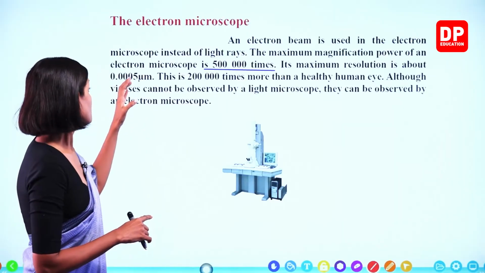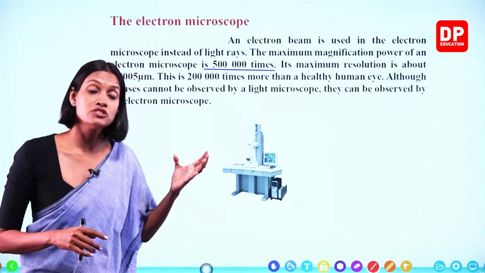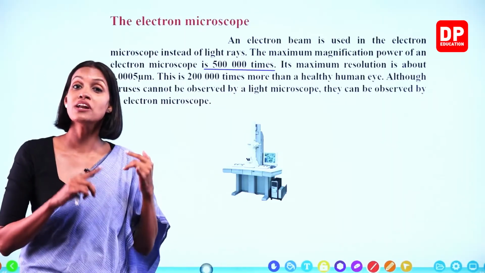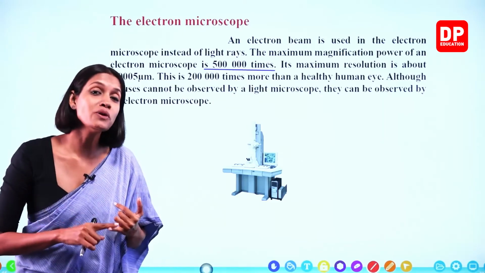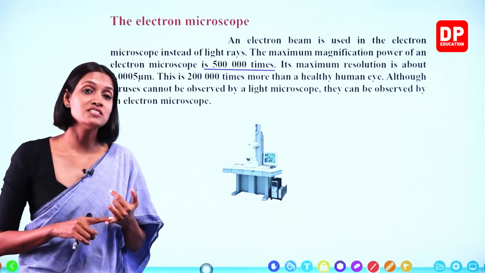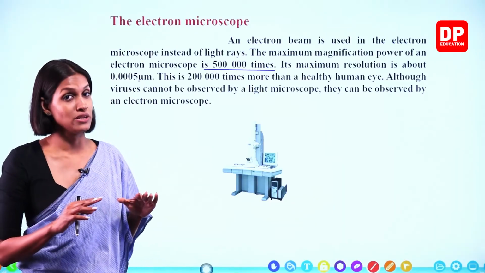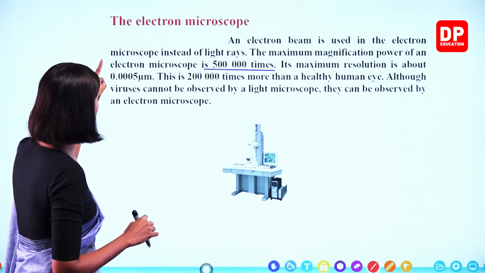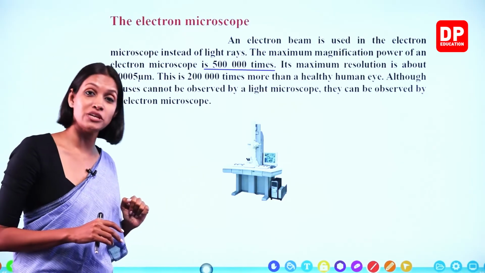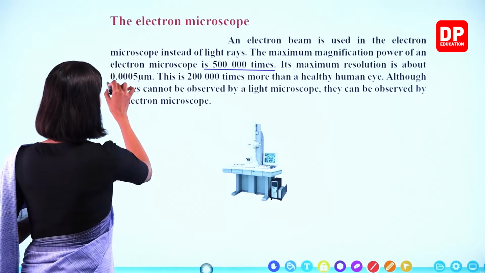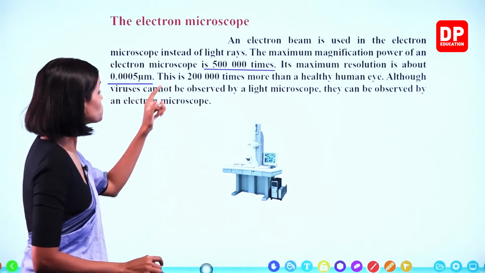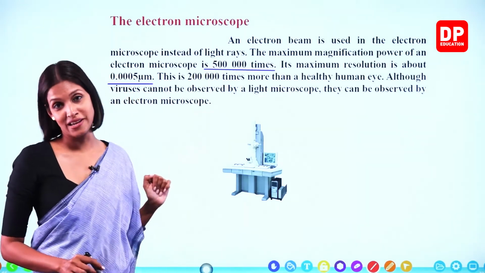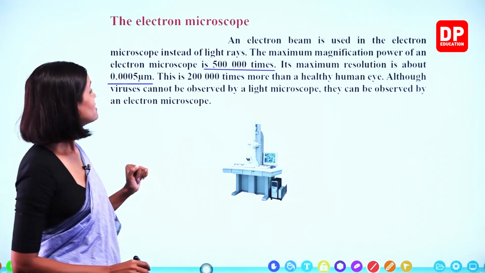What is the resolution power or resolving power of the healthy human eye? That is only 0.1 millimeters. What about the light microscope? That is about 0.2 micrometers. This is 0.0005 micrometers, right? So this is 200,000 times more than a healthy human eye, right?